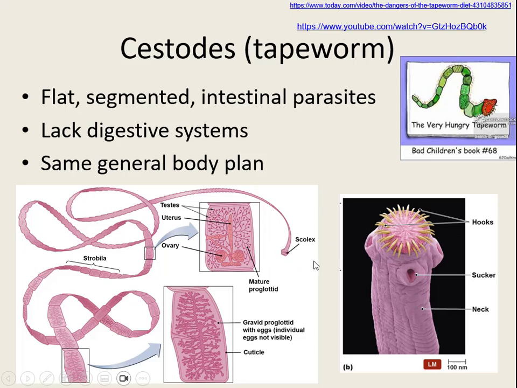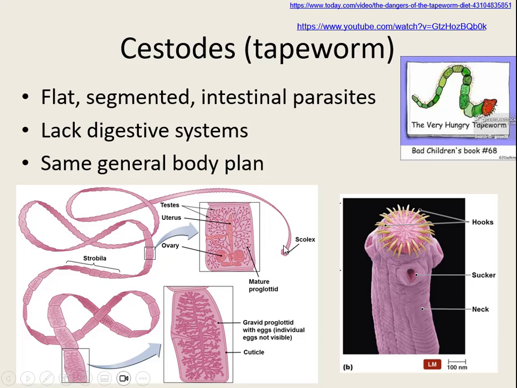The head is what's called the scolex region, and they usually have some type of attachment organ such as suckers or hooks, or even on this particular one that's got both. How they get their nutrients is once they attach, they acquire the nutrients through their skin. Each of the little segments is a proglottid.